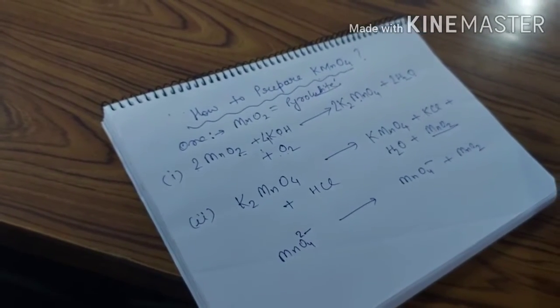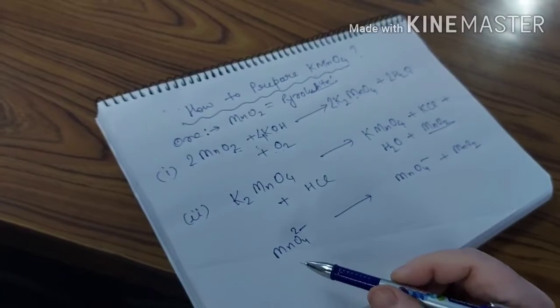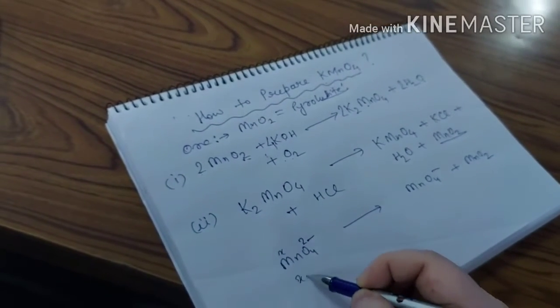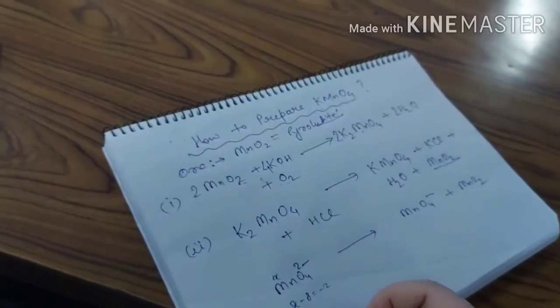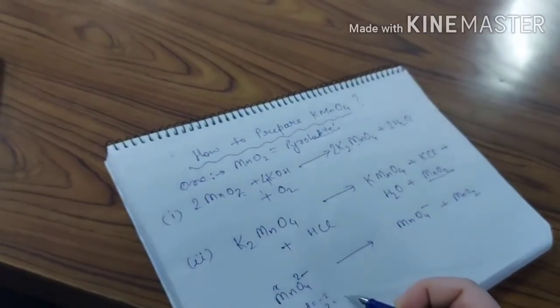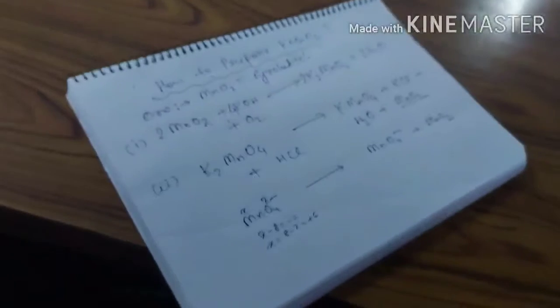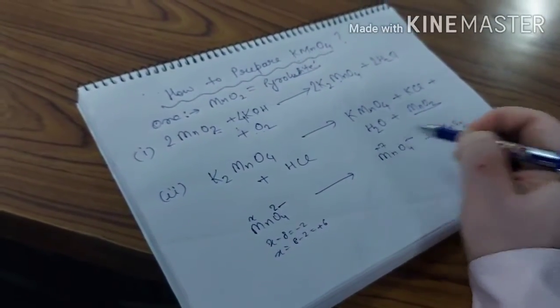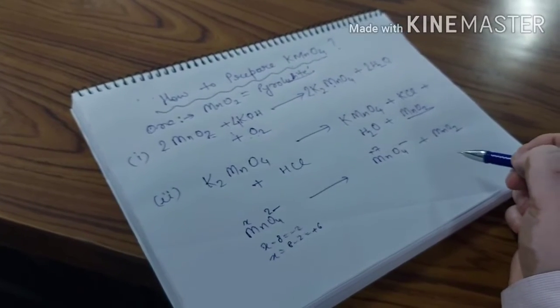How do I say so? There is a logic, nothing to remember. Let the oxidation number of this be x. So x minus 8 is equal to minus 2. So x is equal to 8 minus 2, which is plus 6. And here we know it is plus 7 because we have learnt it while titration.